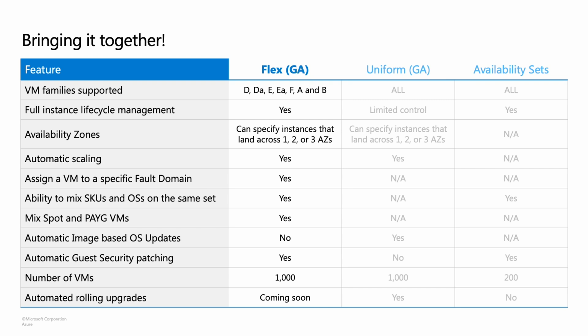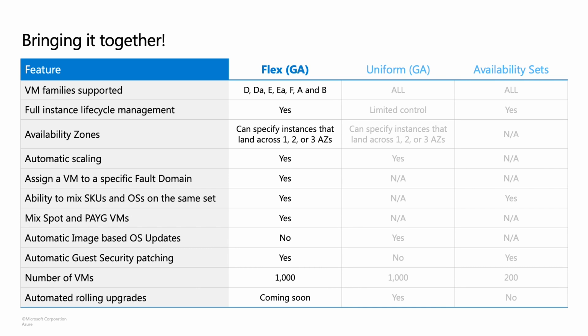As you can see, it supports all the general purpose sizes, and we're working to add more support for other sizes that Azure supports. It also provides you full lifecycle management of instances, which in the other two columns you see on the uniform, that's limited. You don't get full access to the instance. You cannot do all the modifications that you would want to do with that. Not to say that you always want to do that, but in certain cases where you would want to, now you can.